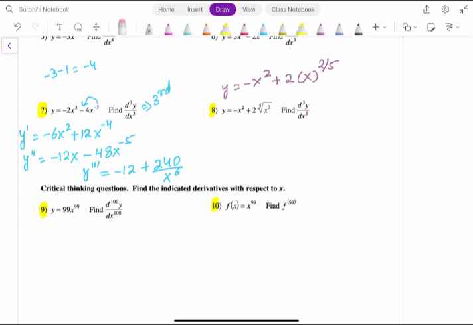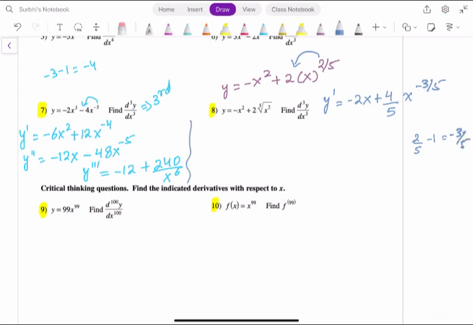Let's get started. So y prime will be negative 2 times x, and then it will be 4/5 because we are bringing 2/5 down. X to the power of 2/5 minus 1, which is negative 3/5. Remember, whenever you are subtracting the fraction, you have to make the common denominator, right?